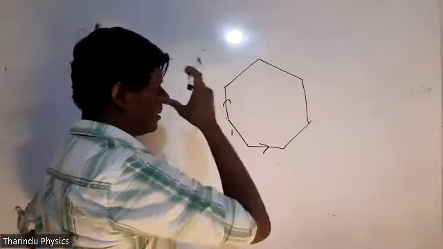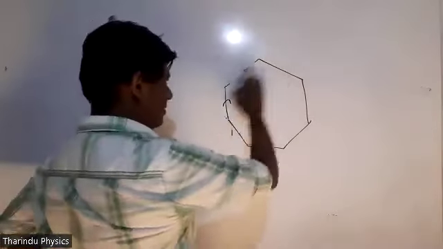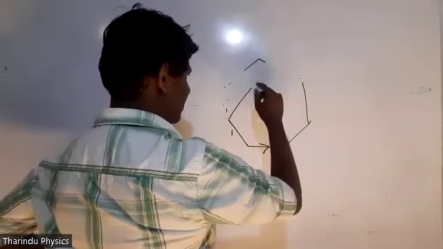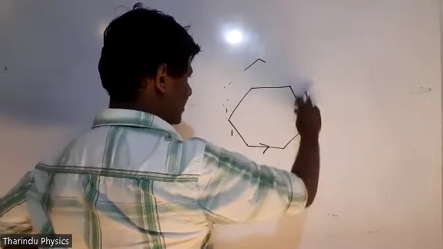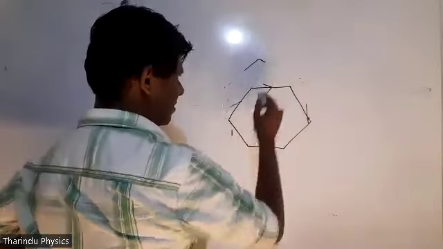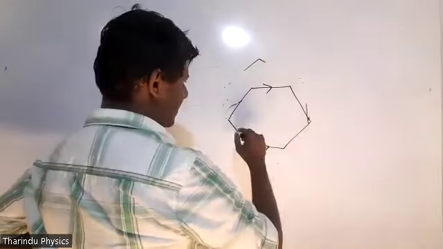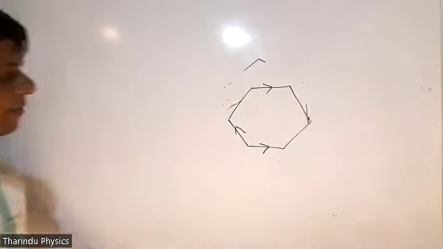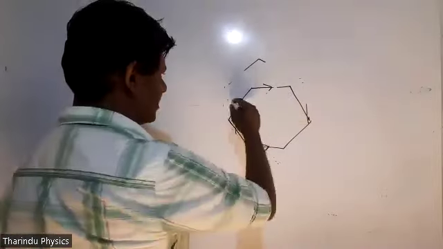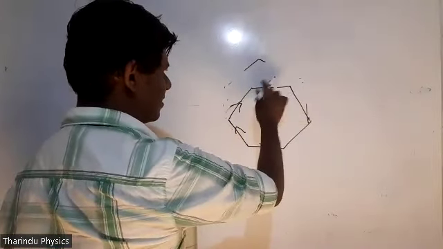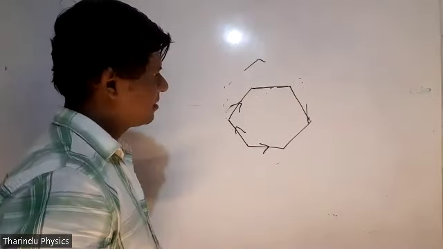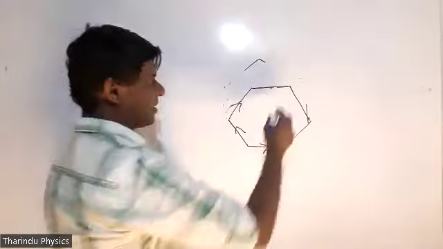I have drawn two more sides. There is a certain vector. You can't just complete it because all the final vectors are here.